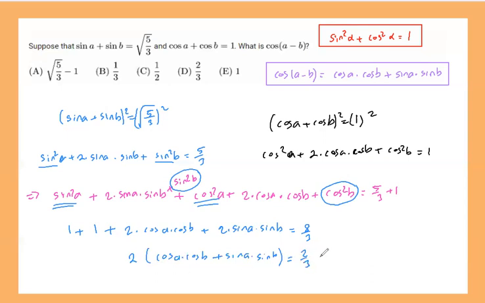If you divide both sides by 2, what you get is actually what they are asking for. This whole thing is the same as cosine of A minus B. So that's the answer: cosine of A minus B is equal to 2/3 divided by 2, which is just 1/3. And that is my final answer.